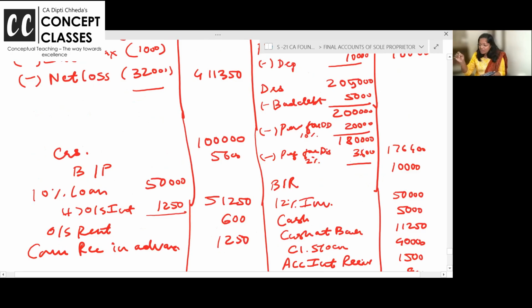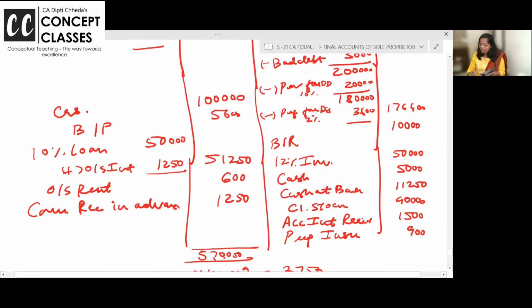Keep ticking along with me if it is not coming. Bills receivable 10,000, investment 50,000, cash 5,000, bank 11,250, closing stock 40,000, 1,500, 900. The same total is coming, 5,70,050.